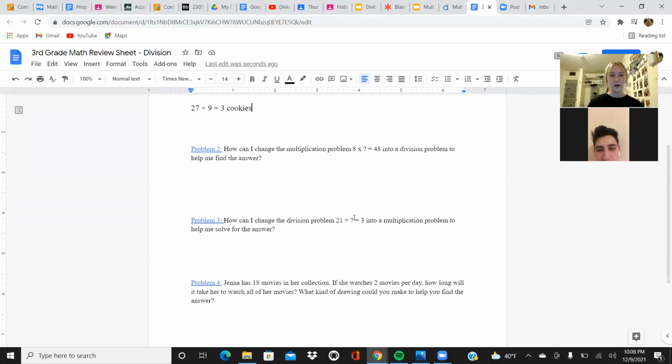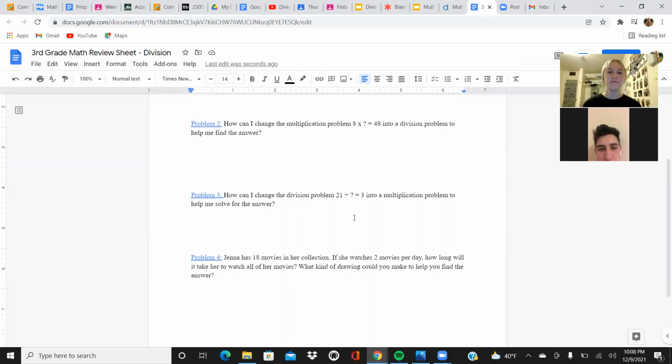Okay, can you read the next problem for me, Alex? Problem 2. How can I change the multiplication problem 8 times blank equals 48 into a division problem to help me find the answer?